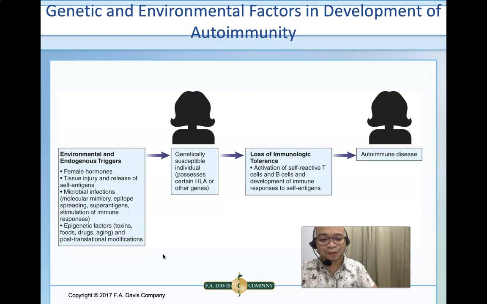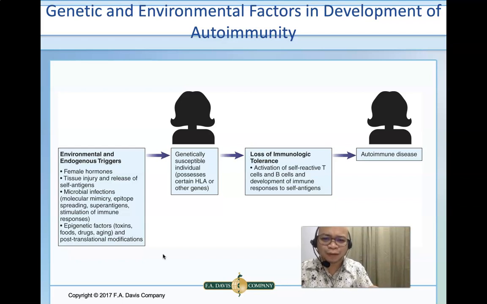So, one example of super antigen, I hope you could still remember, is Staphylococcus aureus. Staphylococcus aureus may produce enterotoxin in food poisoning. So, that's one example. And they may even cause toxic shock syndrome. Okay, so these are super antigens, okay?